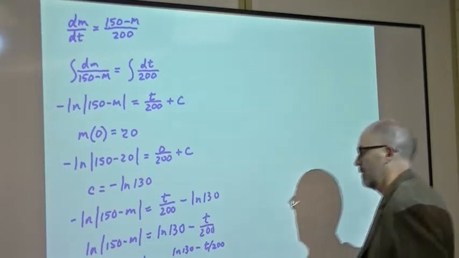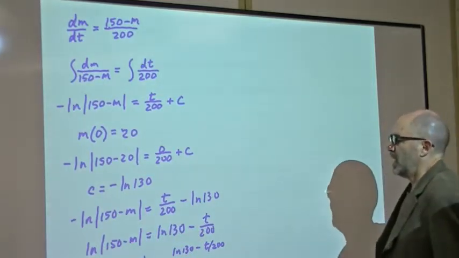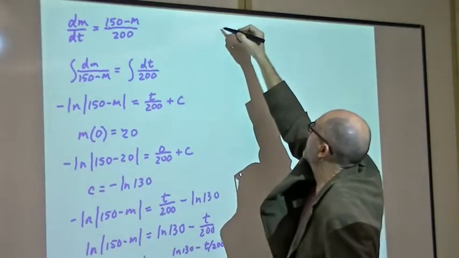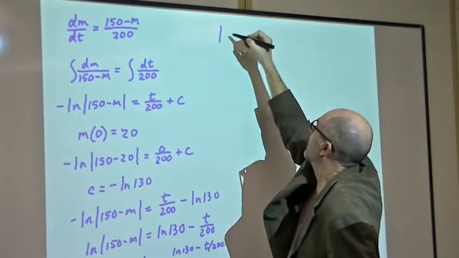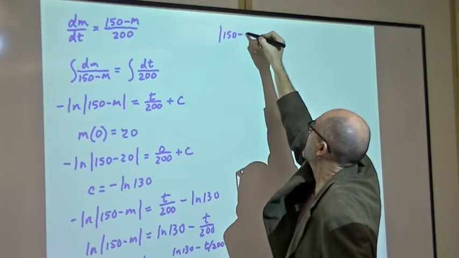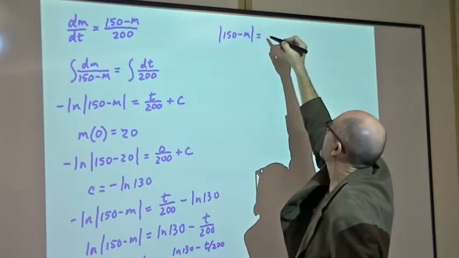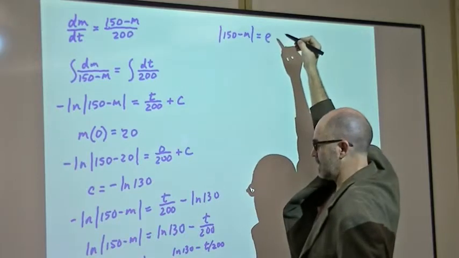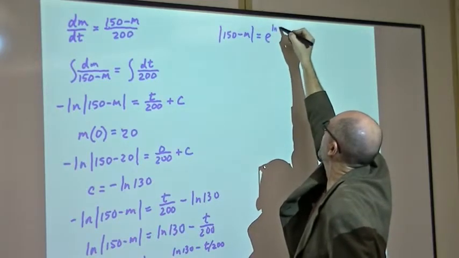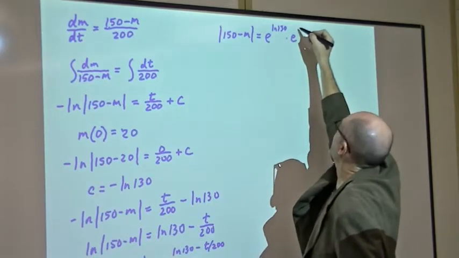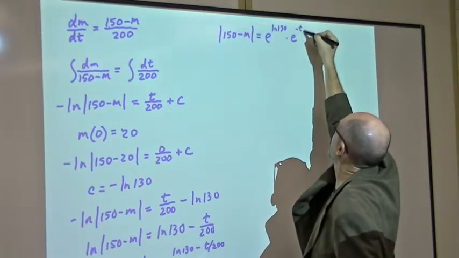Okay, so let's clean this up now. So that means we're going to say absolute value of 150 minus m equals e to the natural log 130 times e to the negative t over 200.